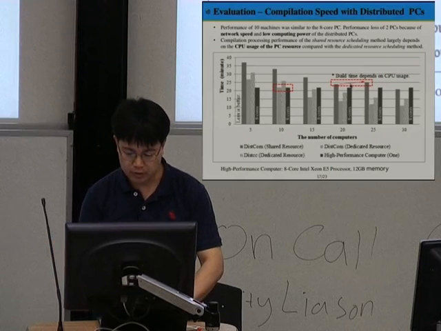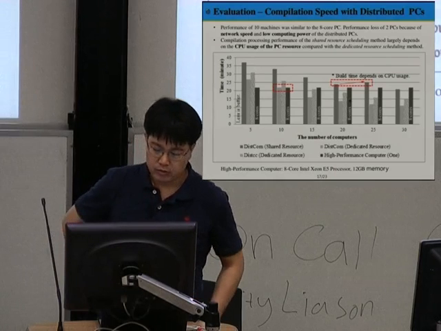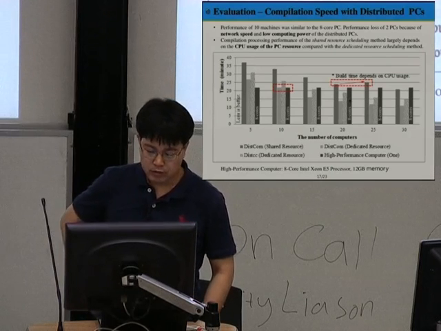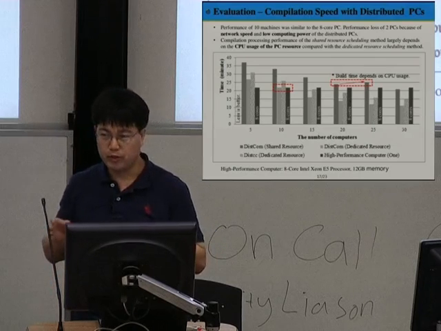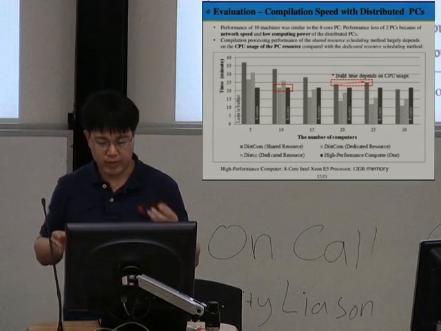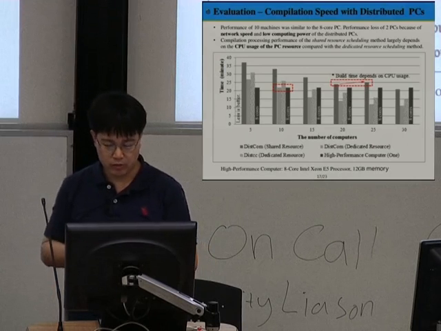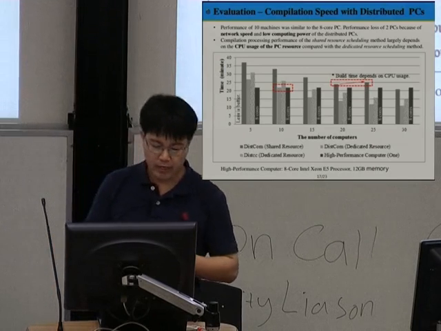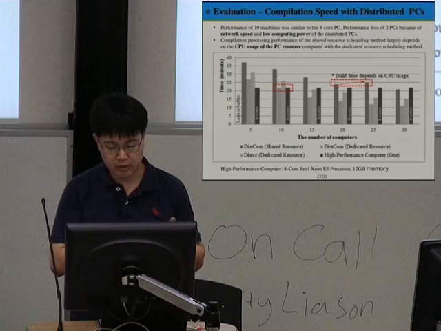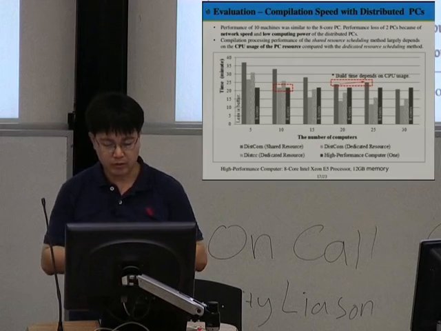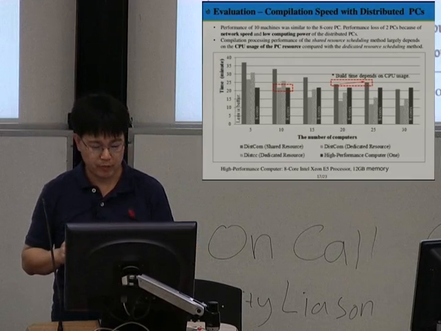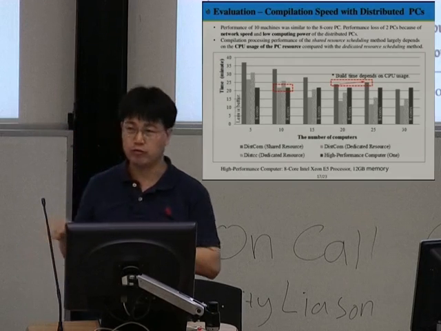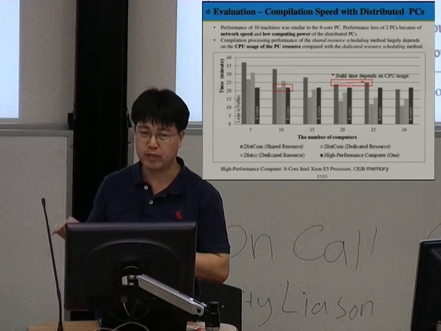And please see the right red rectangle. This result shows the difference between the shared resource scheduling and the dedicated resource scheduling. The compilation processing performance of the shared resource scheduling method largely depends on the CPU usage of the remote PC computers compared to the dedicated resource scheduling method.